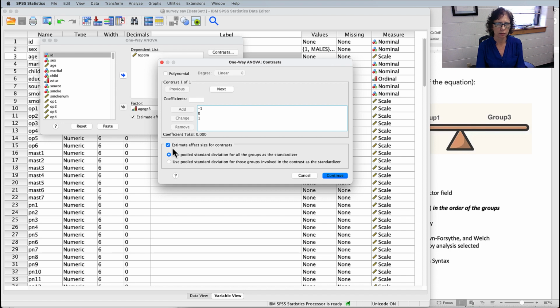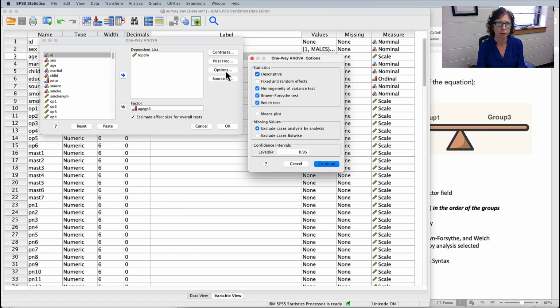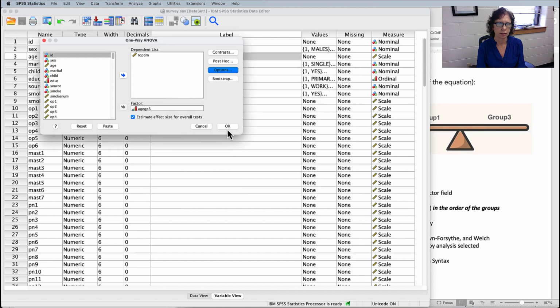And also go ahead and check estimate effect size for contrast so that we have an opportunity to get effect size instead of having to report the confidence interval. Continue here. I'll check options. Let's go ahead and get the descriptive table and these like we had on the very first run, just to have them all together. And then I can paste.